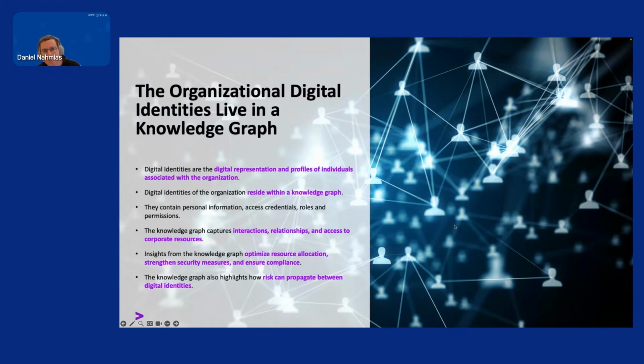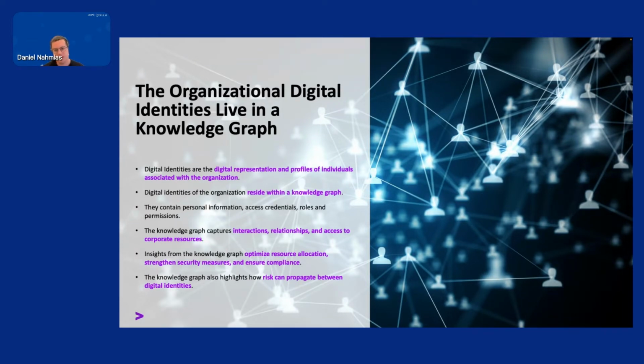In this talk, I'm going to focus on a knowledge graph that describes the digital identities within the organization. But first, what are digital identities? Digital identities store personal and professional data, access credentials, roles, and permissions that describe some identity inside an organization. They enable secure and personalized interaction within the organizational digital systems and resources.